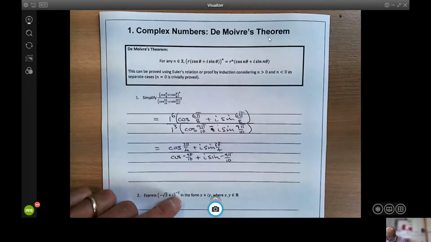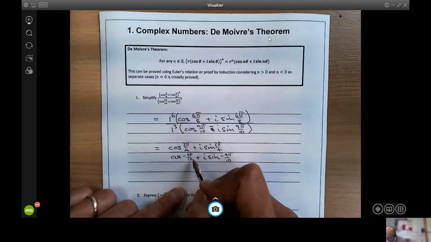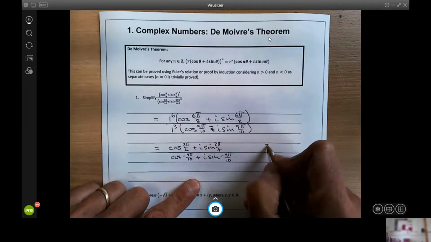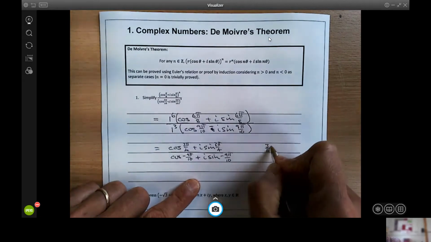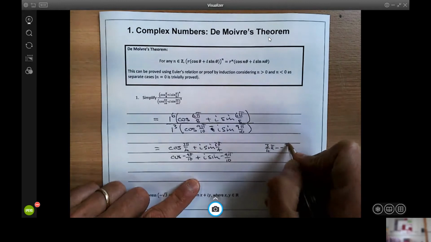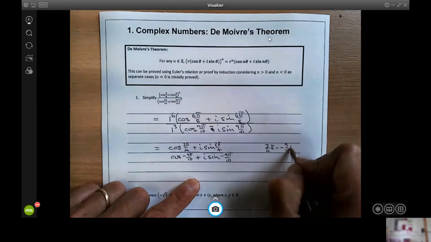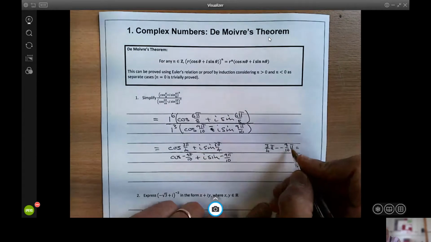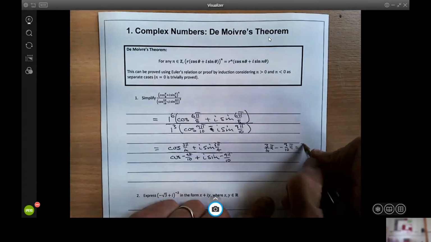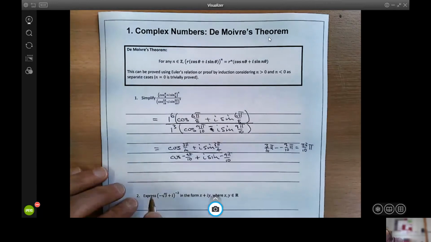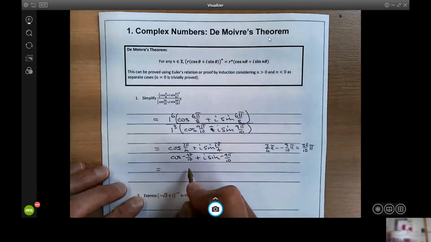Now because we're dividing, we need to subtract the argument, so we're going to say 3/4 π minus 9/10 π is 33/10 π.